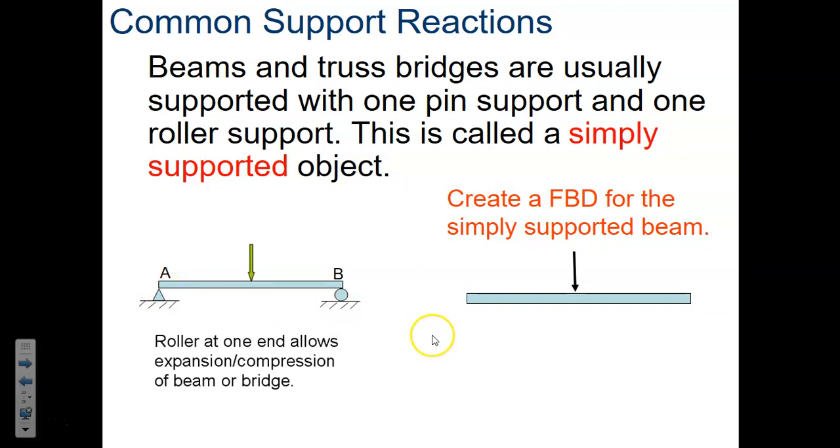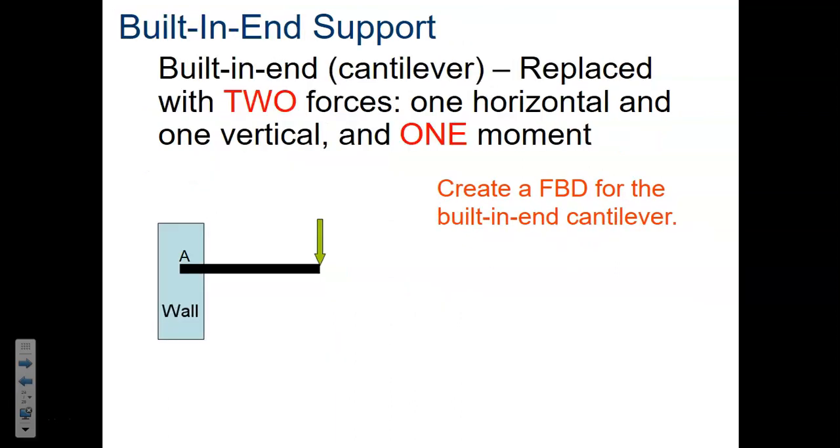Remember, RAX and RAY. And then we've got a reaction force at B. Remember what we do at B? Because it's a roller connection, we're going to replace it with one reaction force, and that's simply going to be up. We're not going to worry about cantilever support forces.